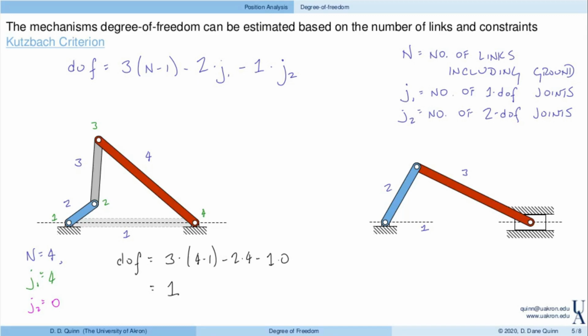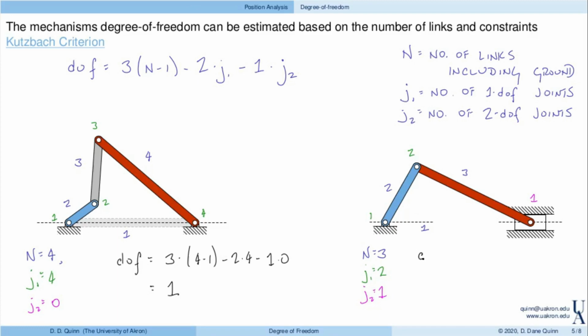Let's count up the number of 1 degree of freedom joints. Well, we have 1 there, we have 2 there, and then let's count up the number of 2 degree of freedom joints. Well, we have just 1 there. So N is equal to 3, J1 is equal to 2, and J2 is equal to 1.